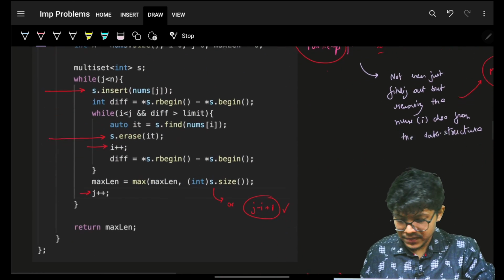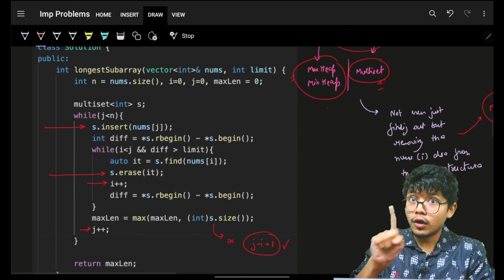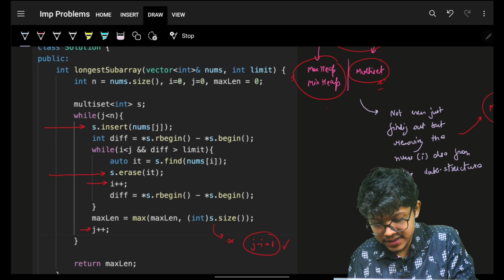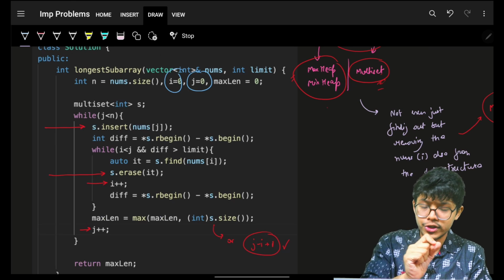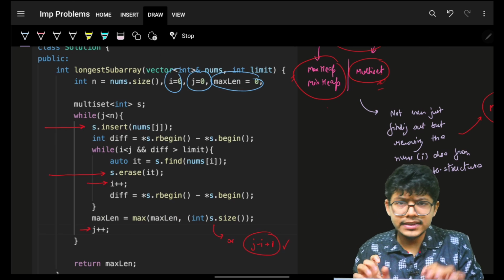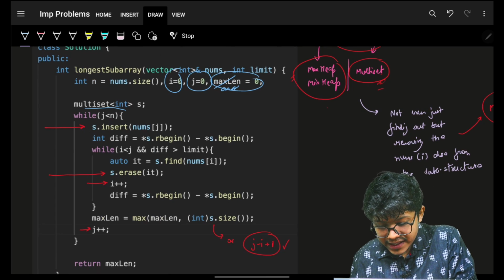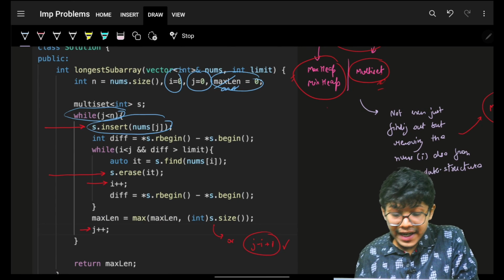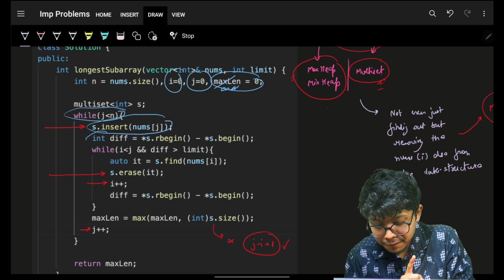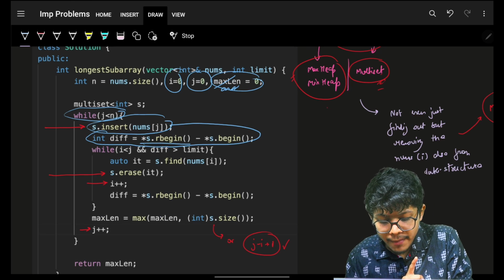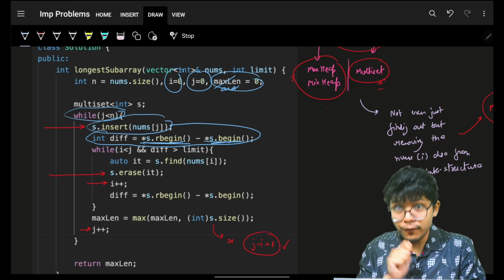It's exactly the same template of our 2-pointer. The simple template says grab your i and j as 0 and 0. Again, maximum length is the answer. Then while j is less than n, I will incorporate my nums of j. I will find the diff, which is max element minus min element from my multiset.